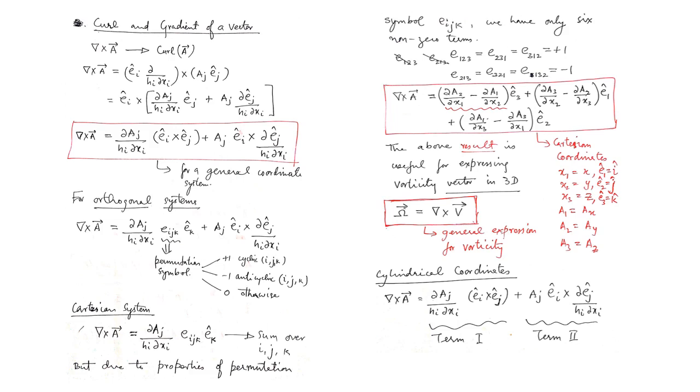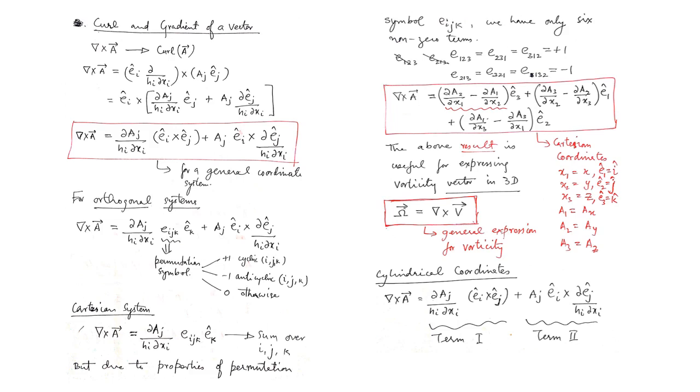So it has to be written as e_i cross e_j plus of course A_j, and then, since the partial derivative of a unit vector will be some unit vector, of course that depends on the coordinate system, I write it as e_i cap cross the partial derivative. Again, since the cross product is coming from the left, the unit vector e_i cap is kept on the left of the cross product here also. So for a general coordinate system, this is how the curl, or del cross A, would look.